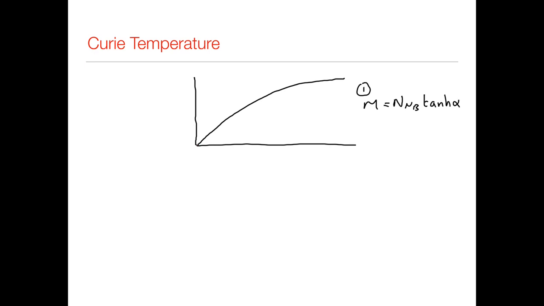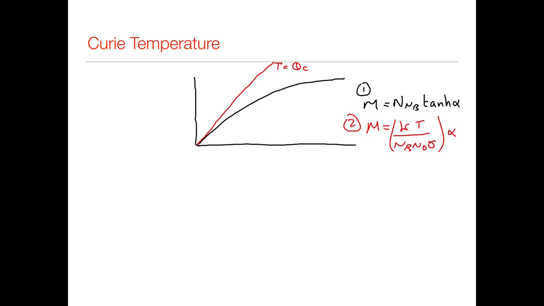So if I draw that on like this, this will be when T is equal to theta C, the Curie temperature. And so that's my equation 2. I had M being equal to Boltzmann constant times temperature over mu B, mu naught, constant gamma, all times alpha.